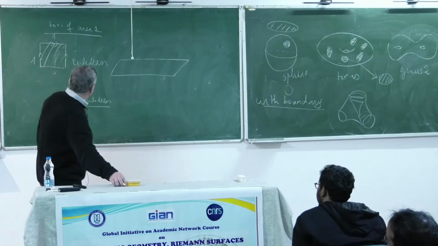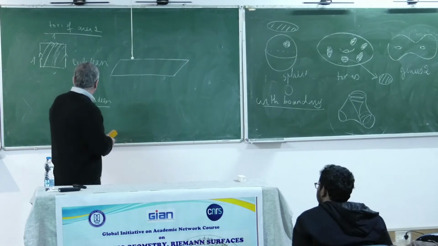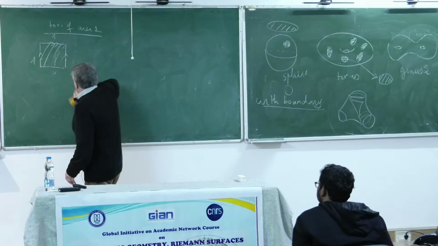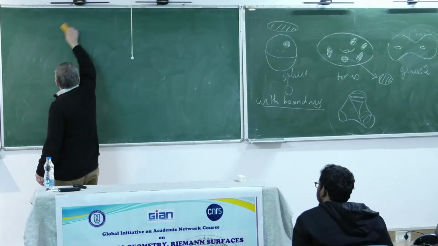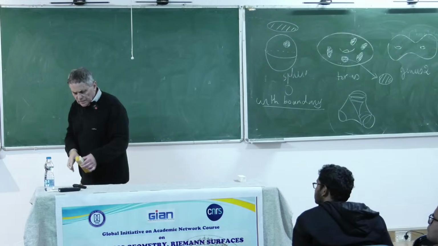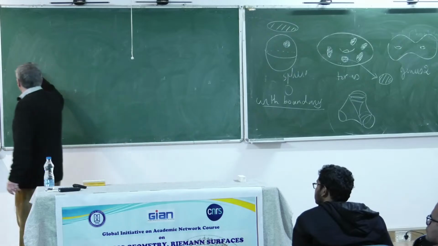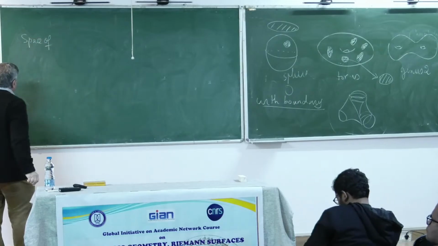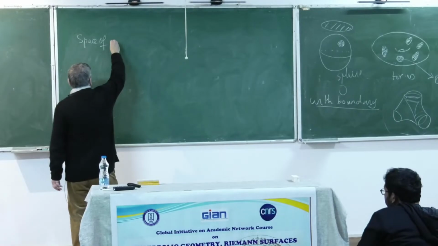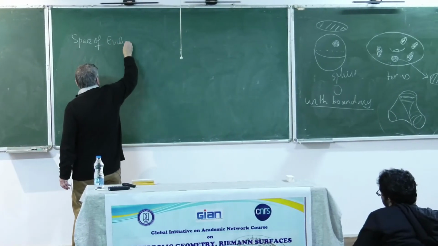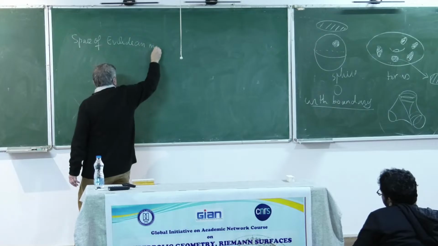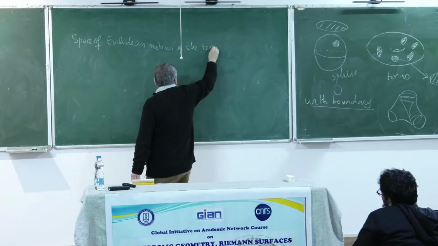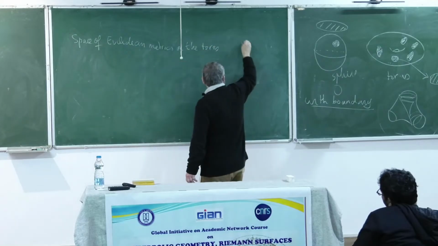Okay, so we said that we want to have a normalization, and the useful normalization is this one. The space of Euclidean metrics on the topological torus.